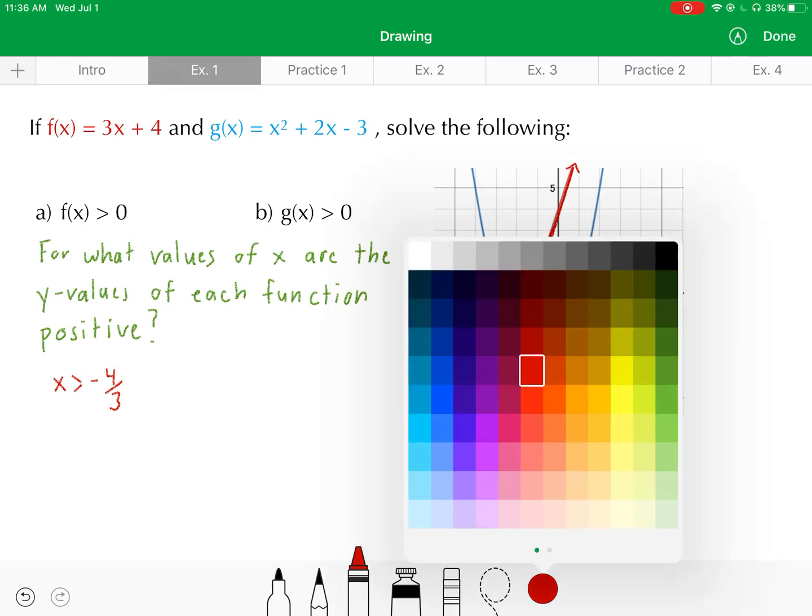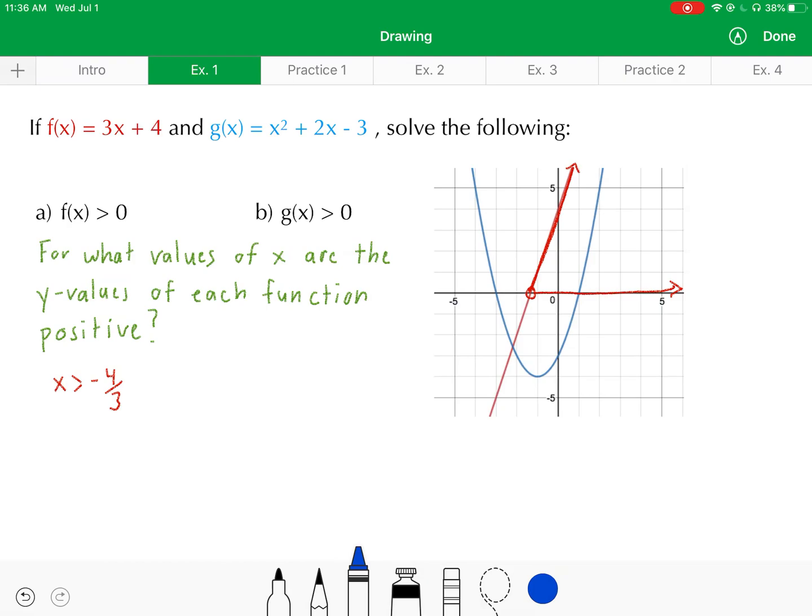Now for the function g of x, when it's greater than 0, it's going to be the same thing. It's when is the parabola above the x-axis? We would be focusing on this portion of the curve as well as this portion, and specifically, what are the x values of those points, okay?